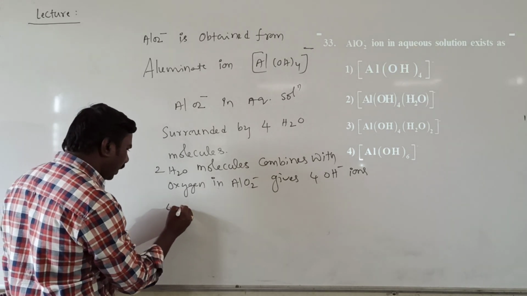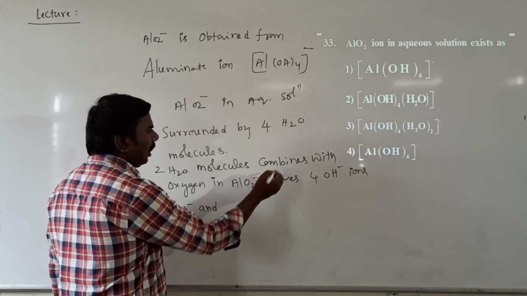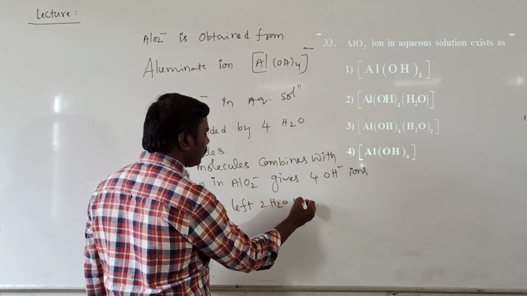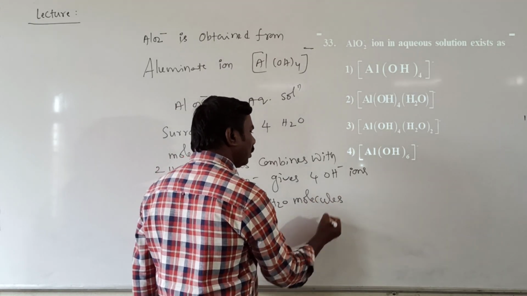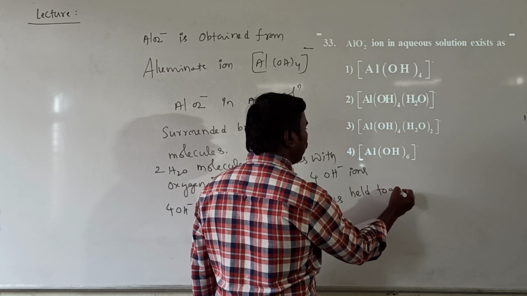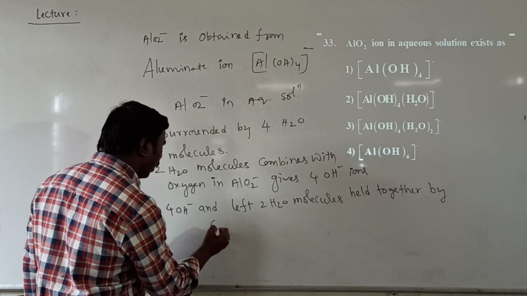These 4 OH minus ions and the remaining 2 H2O molecules are held together by coordinate bonds.